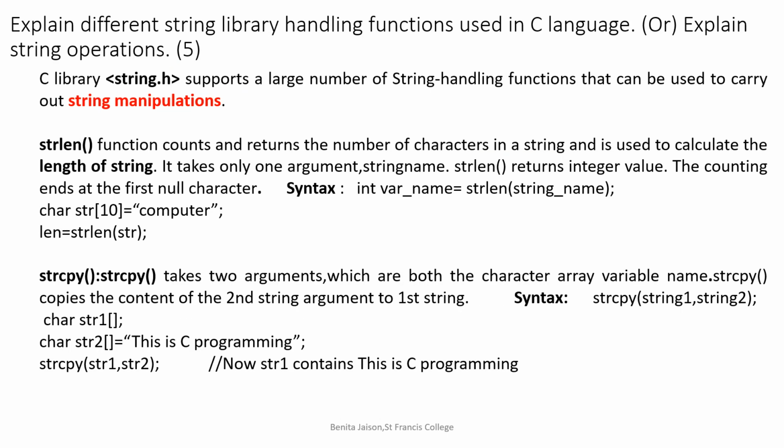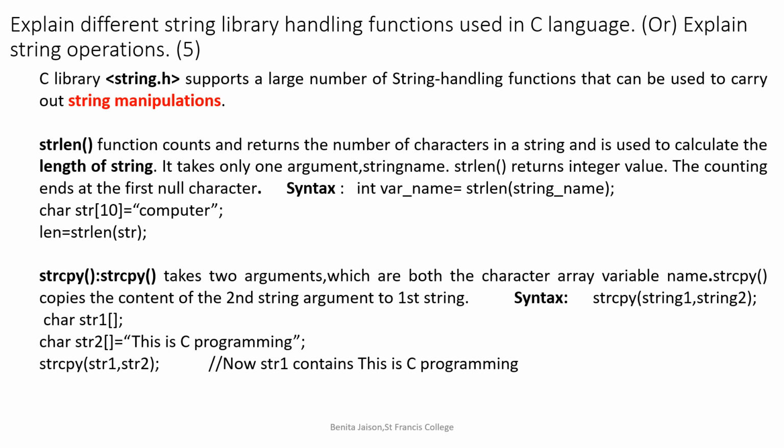Now, explain different string library functions used in C, or explain the string operations. There are different string operations, and these can be done using string functions which are available in the C library. The string manipulations can be like finding the length of the string, string copy, string concatenation, and converting lowercase characters to uppercase or vice versa.